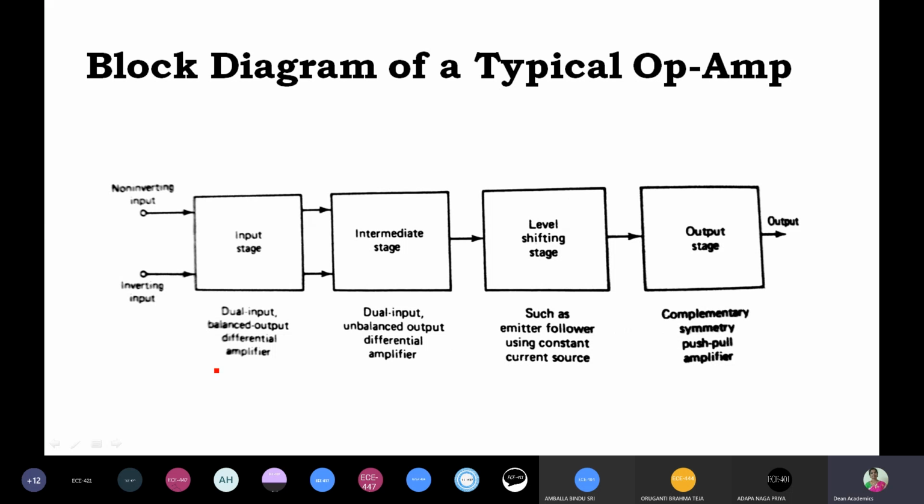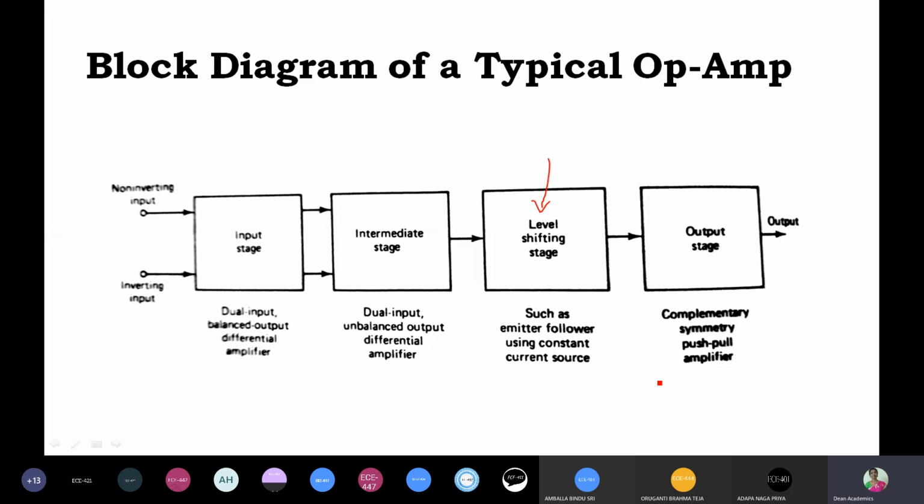I mentioned that we will see the level shifting stage in today's class. The input stage we know: dual input balanced output. The intermediate stage: dual input unbalanced output differential amplifier. The output stage: complementary symmetry push-pull amplifier.